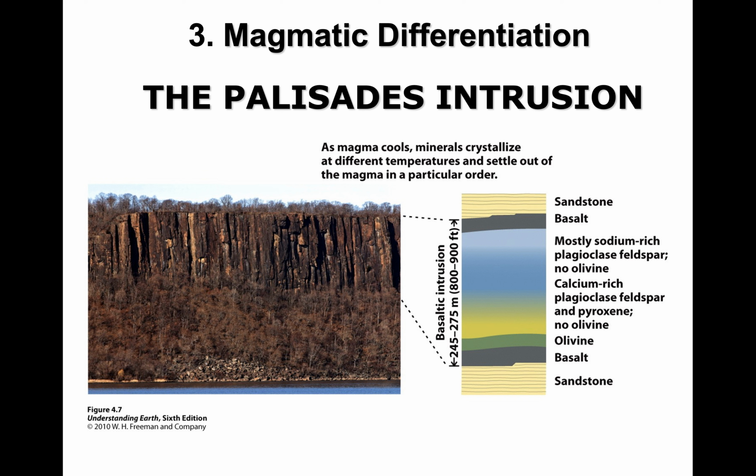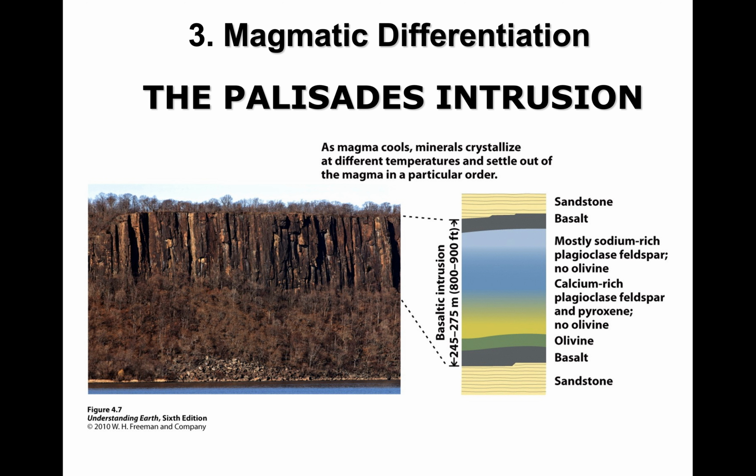The sodium-rich feldspar is formed at lower temperatures, and at the lower part of the basaltic intrusion we have a more calcium-rich feldspar, which is formed at higher temperatures.